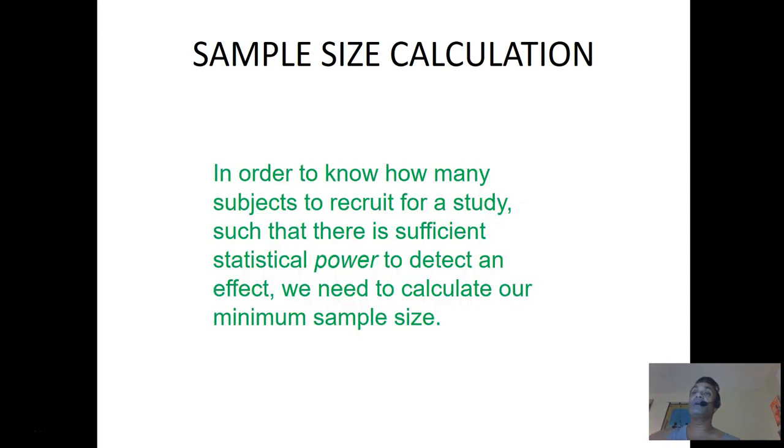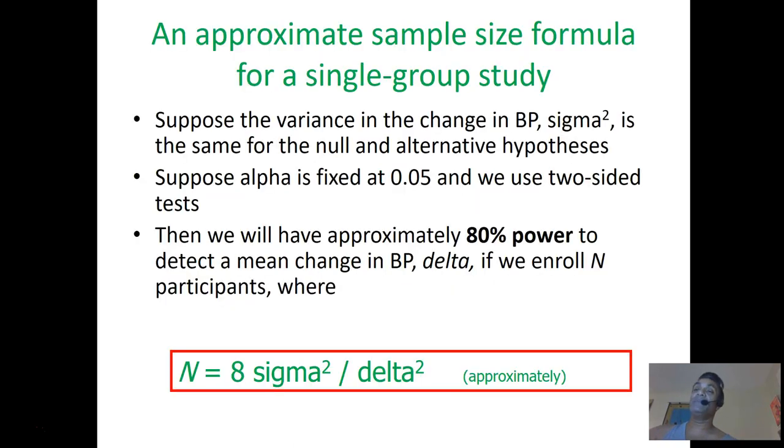We also talked about sample size calculation. Now you learned that you need to know some characteristics about your population and your study in order to compute sample size. And I gave you a couple of formulas.